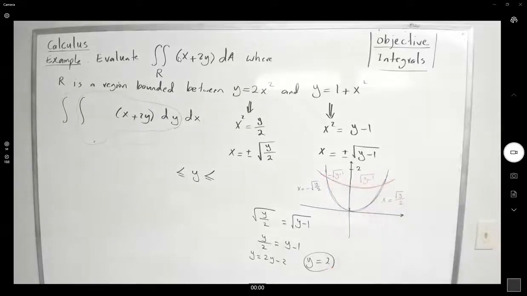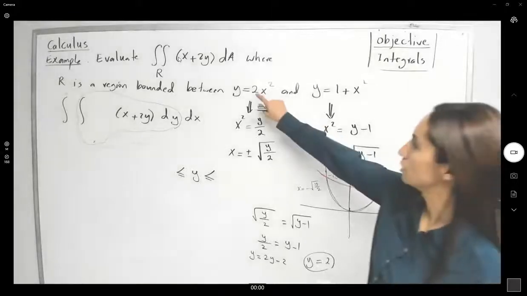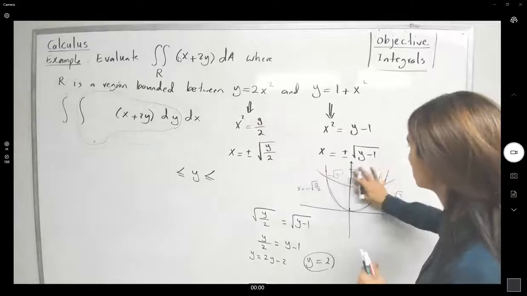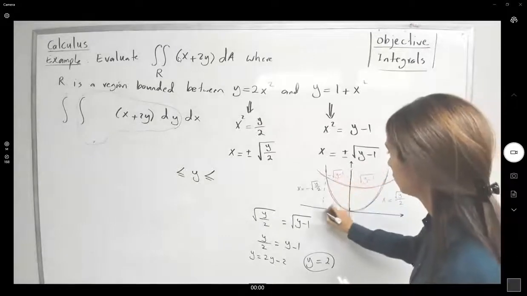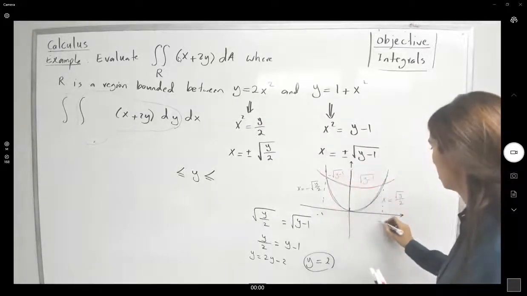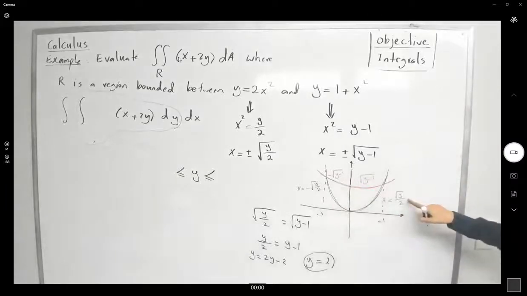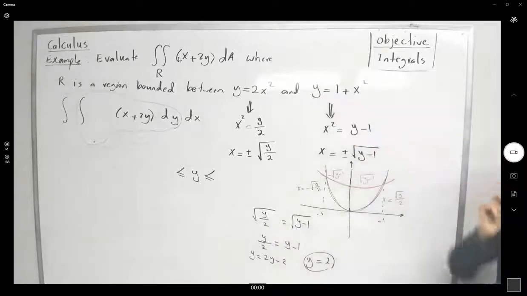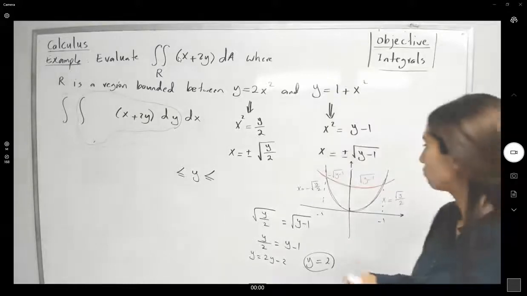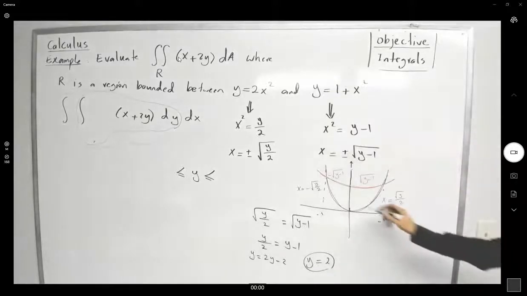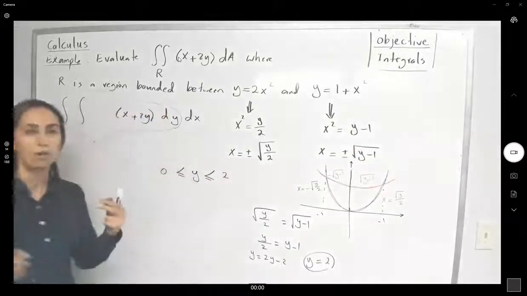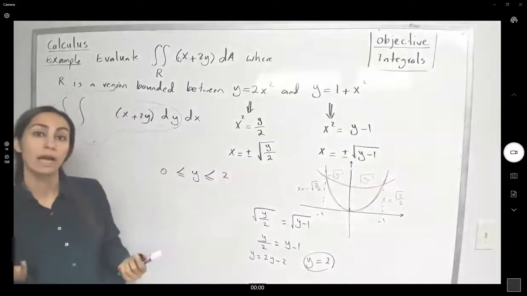If y is equal to 2, then my x is plus minus 1. So does it satisfy this? Yes. Negative 1 and 1. If your y is equal to 2 here, then you get x squared equals 1, so x is plus minus 1. So you found the boundary for your y. Y is changing between 0 and 2. Now, you need to decide about your x.